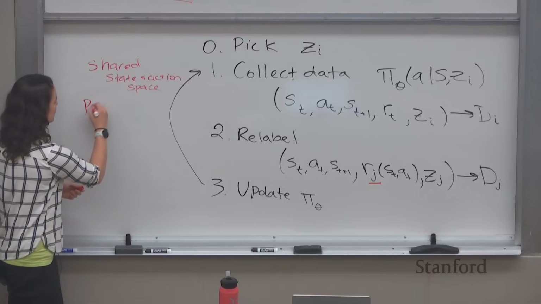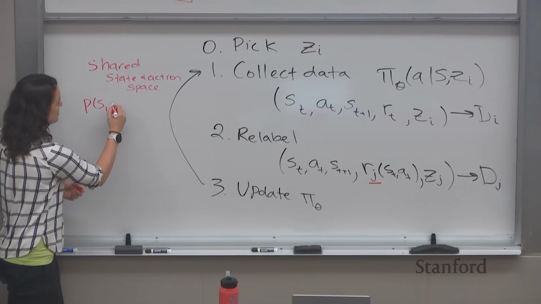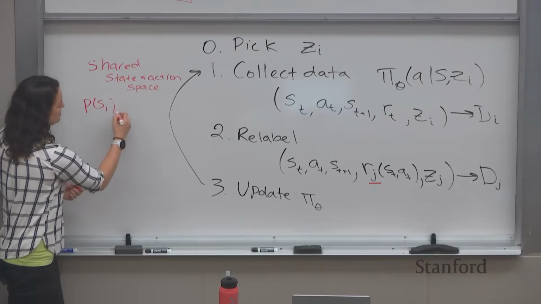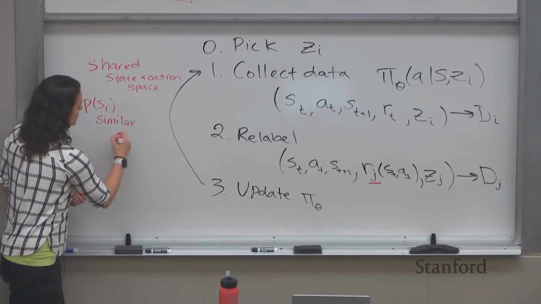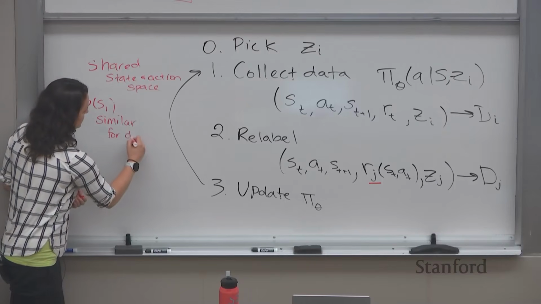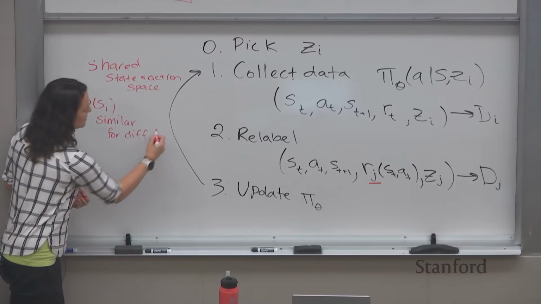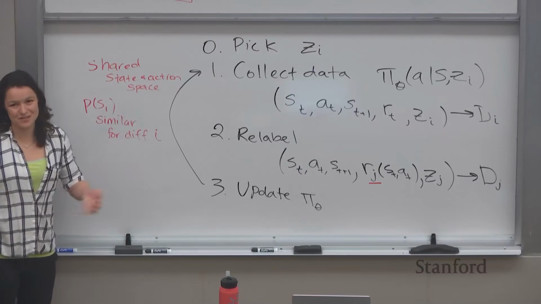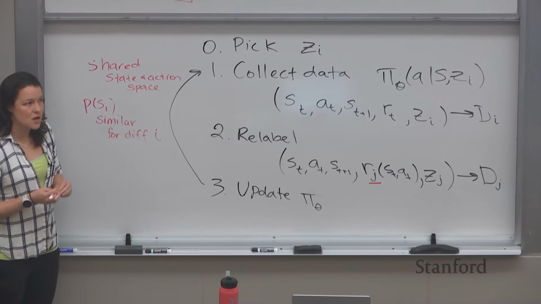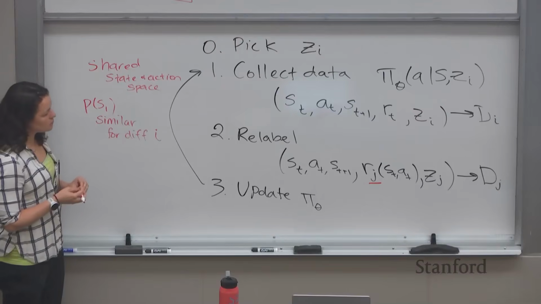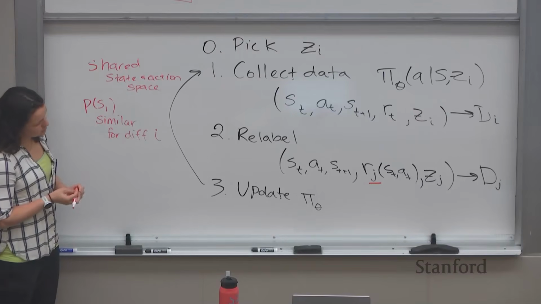So you want P of S1 to be similar for different tasks, because if it's drastically different, then sharing data probably won't be as useful. So if one of them has dense rewards and one of them has sparse rewards, that might be a problem.